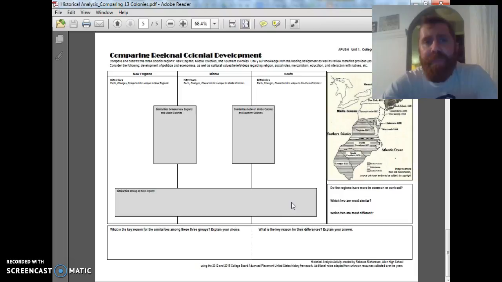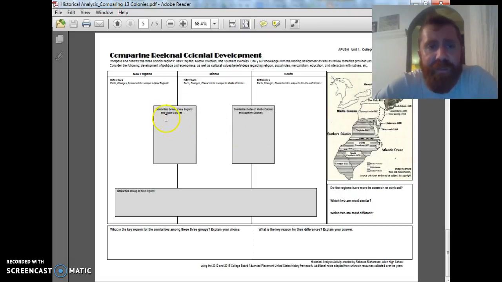These can be people, groups, events, phrases, places, anything you think is unique to that colonial region, you should put it in there. Ultimately, that's going to help you compare and contrast them.